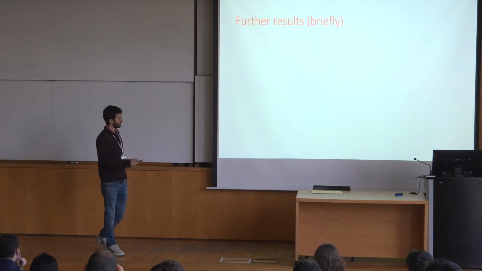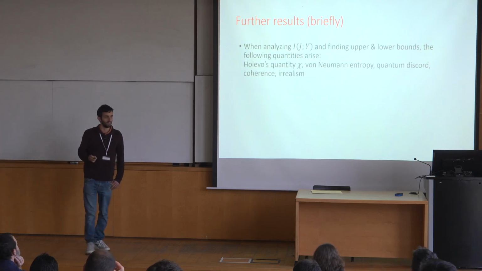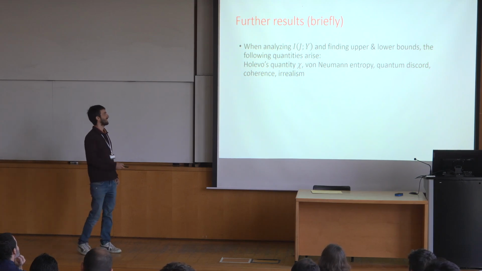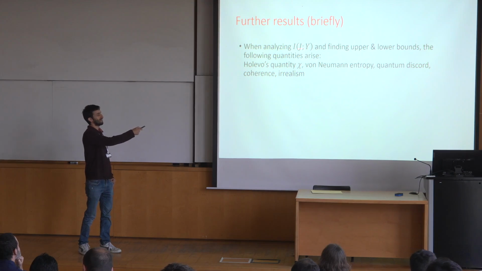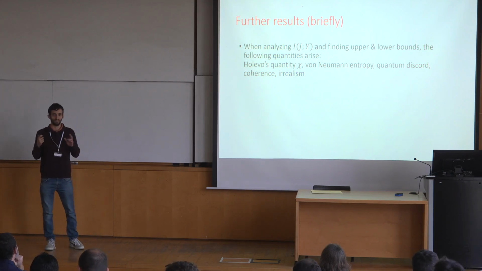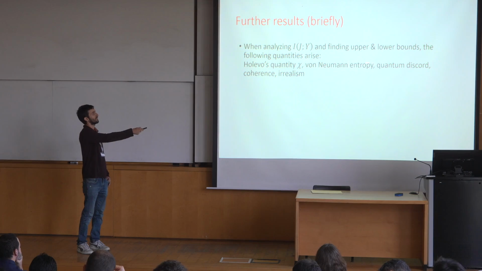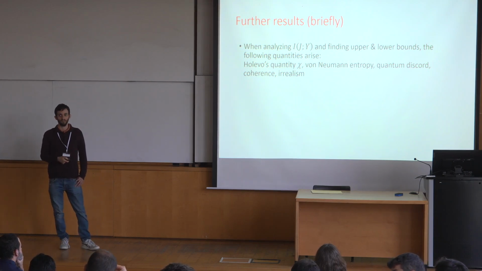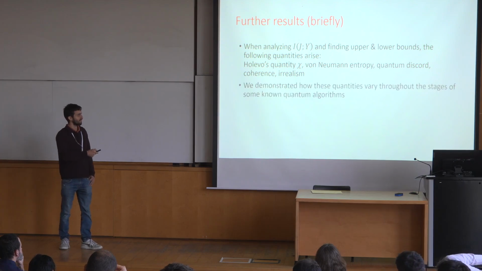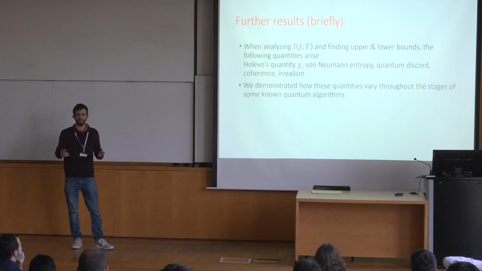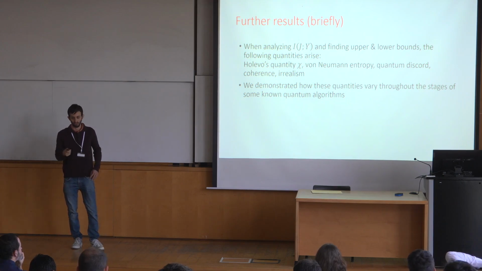So we have a few further results, which I'll state briefly. I'm sure you're all hungry and want to go have lunch. When we analyze this I(J;Y), a few quantum information quantities just pop up. I mentioned the Holevo quantity chi, but there's also von Neumann entropy and quantum discord and quantum coherence and irrealism. So what we did next was to demonstrate how these quantities vary throughout stages of running some quantum algorithm.